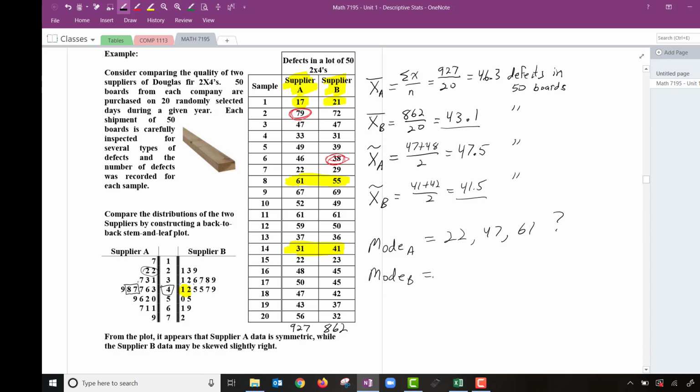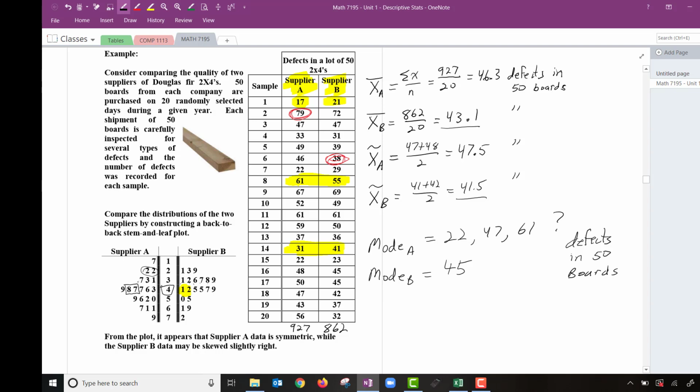For supplier B, I think there was only one where we had a repetition, and it was 45. So again, the units are defects in 50 boards. Make sure you include units with all of your values.